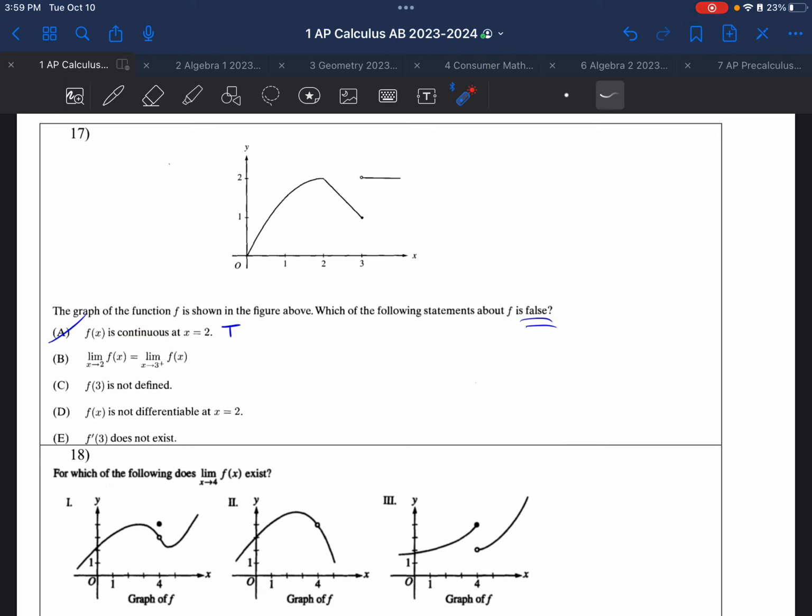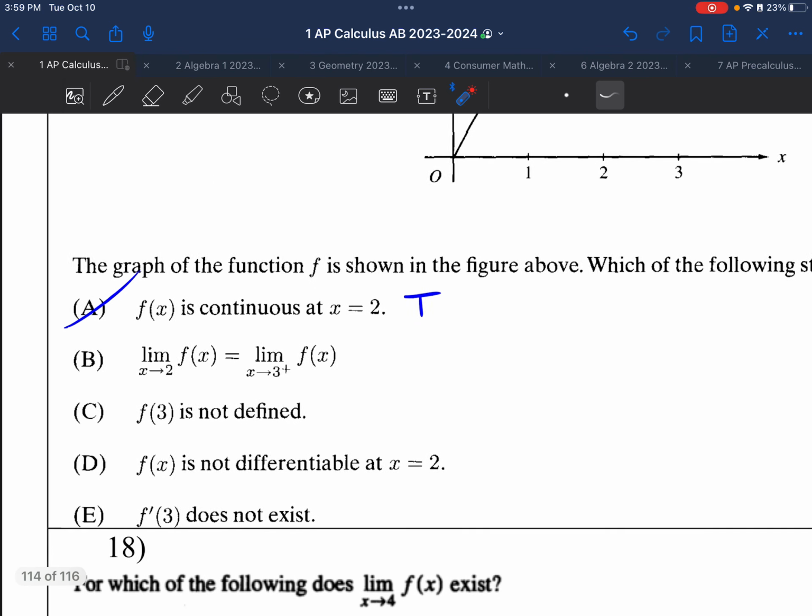What about B? It's saying that the limit of f of x as x approaches 2 from both sides, because there's no plus or negative up there. Let's see what we approach. What height do I approach? When I go from the left, and as I approach this barrier at 2, I approach this height of 2. As I approach this barrier from the right, I approach a height also of 2. So the double-sided limit here is actually 2.